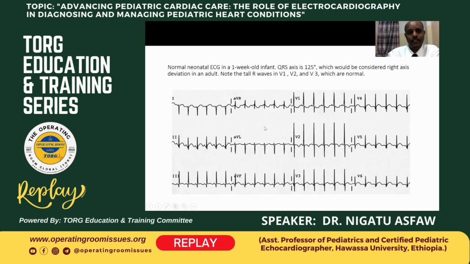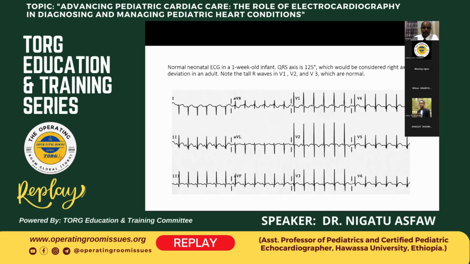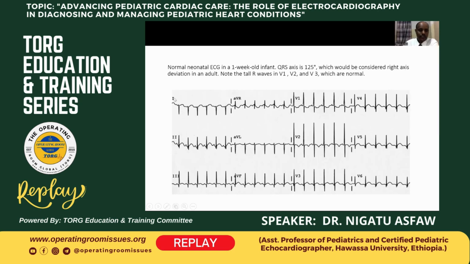And this is a normal ECG in a 1 week old neonate. As you see, there is right axis deviation. The QRS axis in lead 1 is negative, and in aVF it is positive.